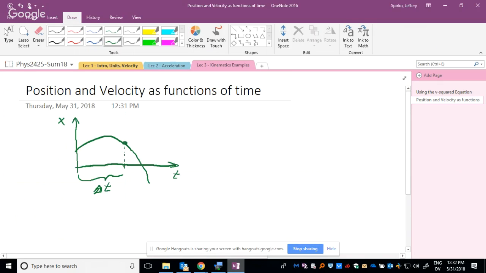We can still think about our basic kinematic process equations, and apply them to this situation, and think about what it makes the function of time look like.